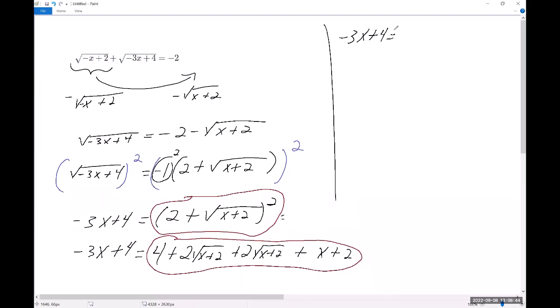I'm copying the left. On the right, I have 6 plus x plus 4 root x plus 2. You say 4, yeah, because 2 plus 2 is 4.